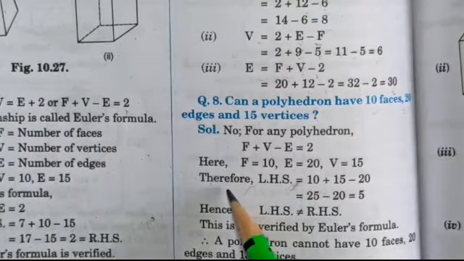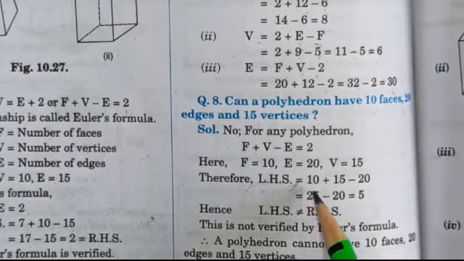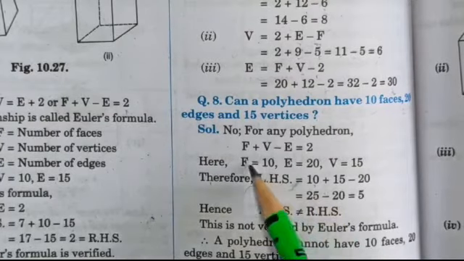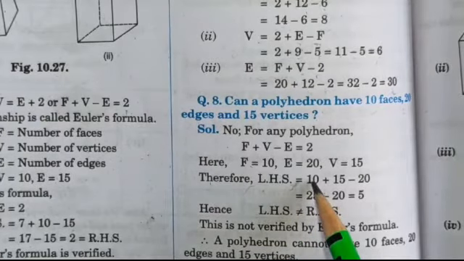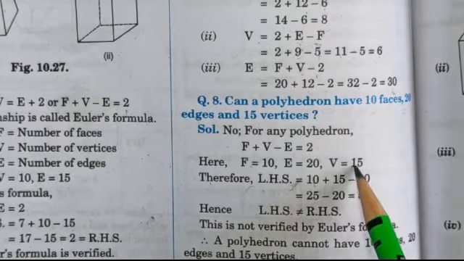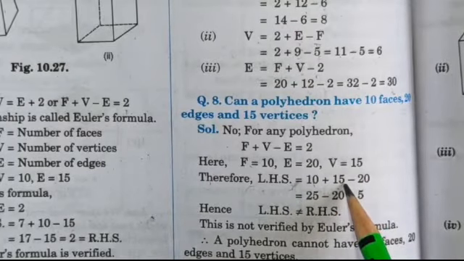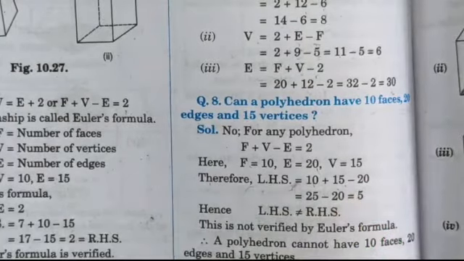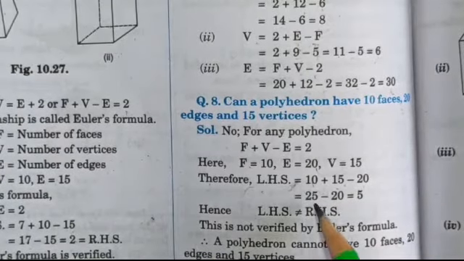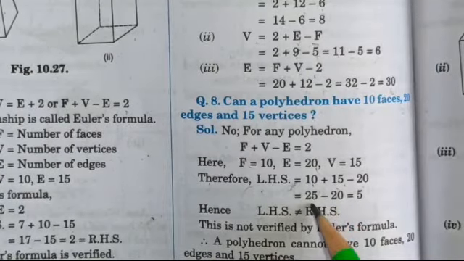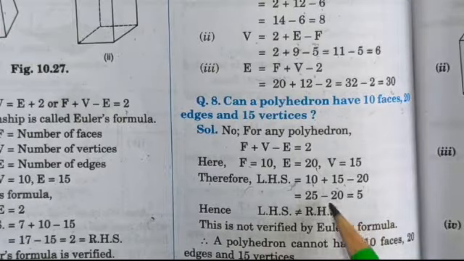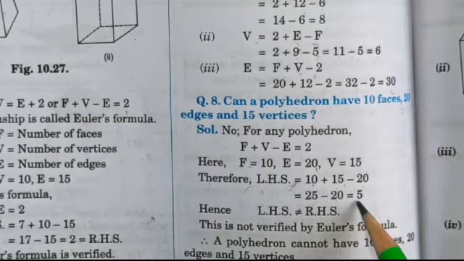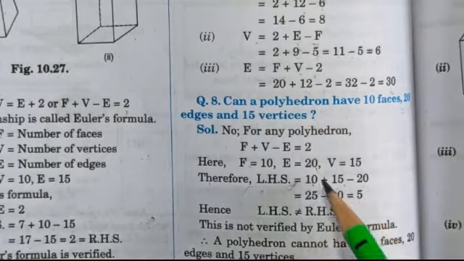Therefore, left hand side, this 10 is F, and V is 15, minus E, that is 20. 10 plus 15 is 25 minus this 20. If we subtract, then we get 5. And this 5 is not 2.